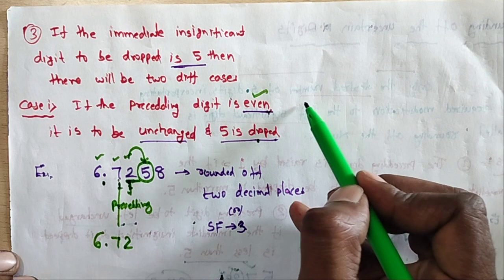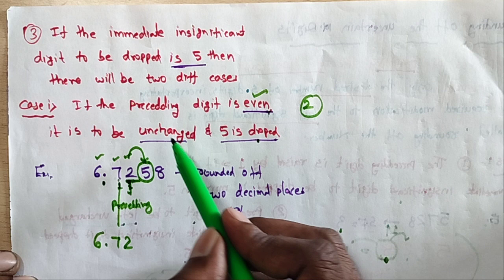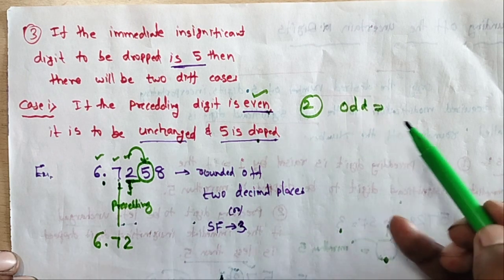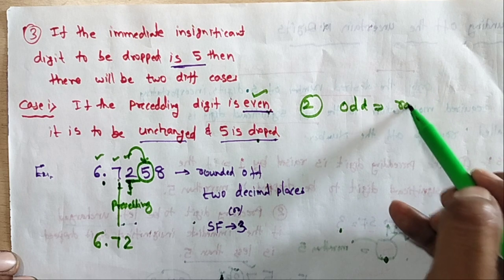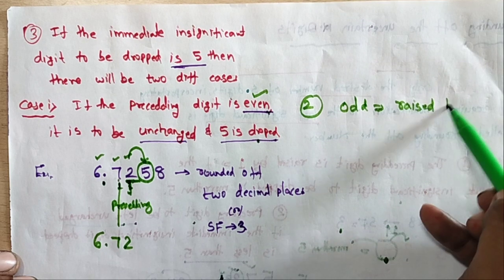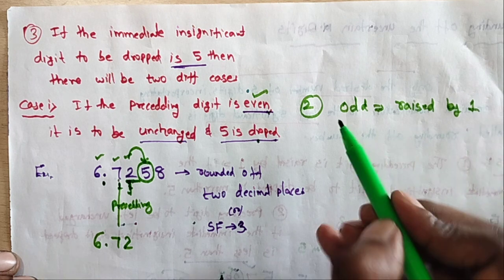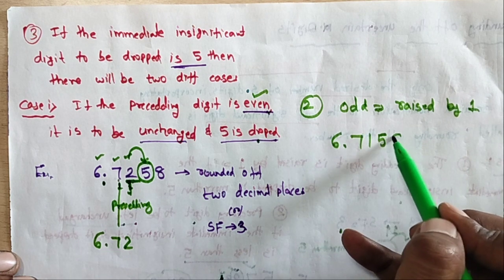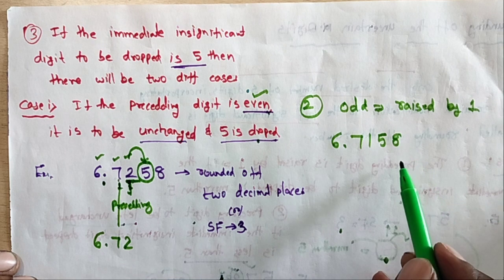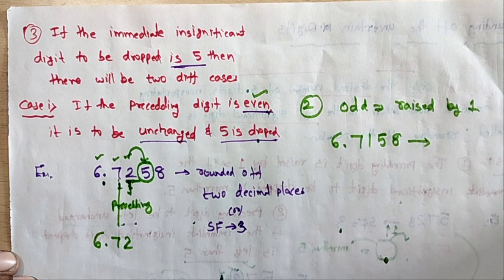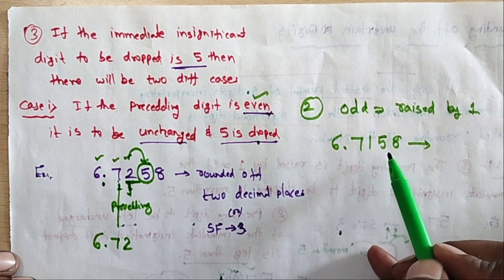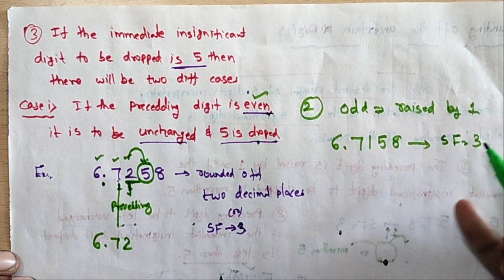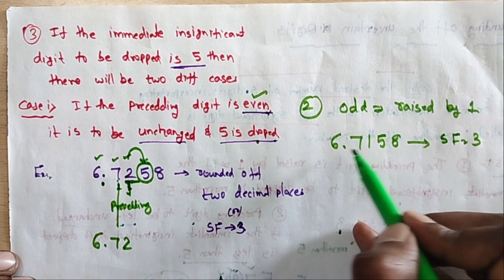And case 2: if the preceding digit is odd, it is to be raised by 1. For example, 6.7158, the same rounding. Here the significant figures are 3, or after the decimal point 1, 2, 3.